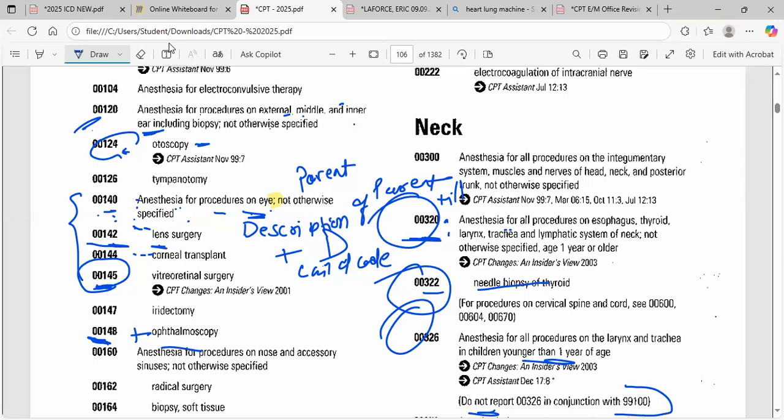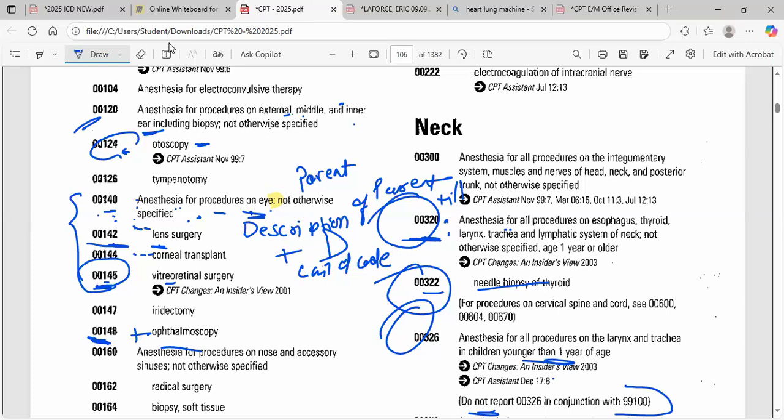We have to use 00145 when the anesthesia is given on the eye for the vitreoretinal surgery. Clear to everyone? Yes, ma'am. Okay.